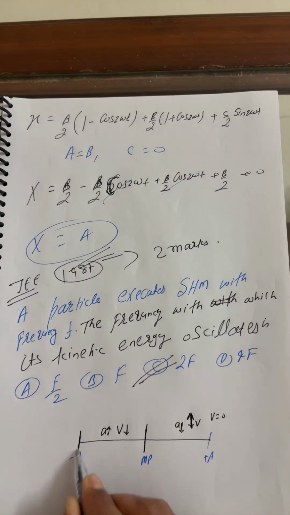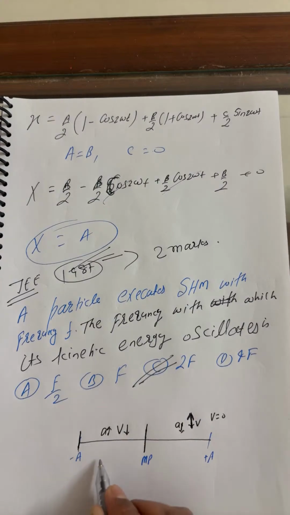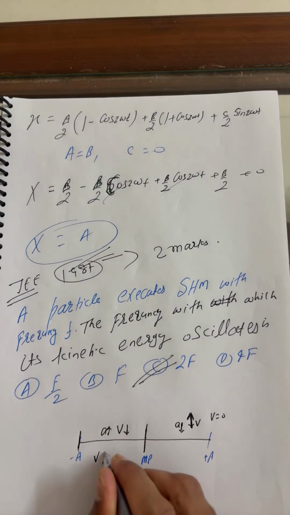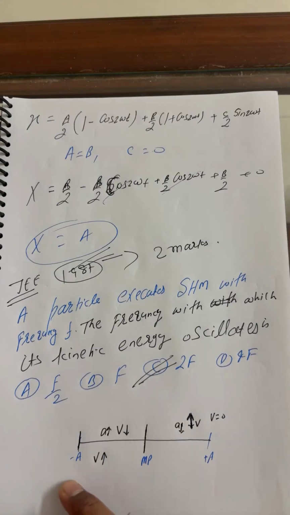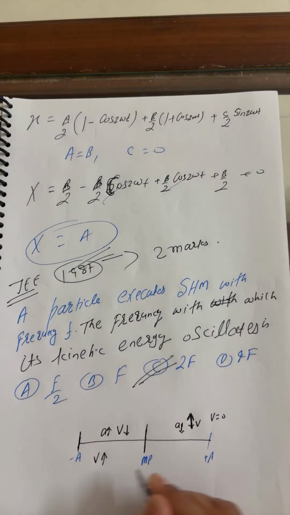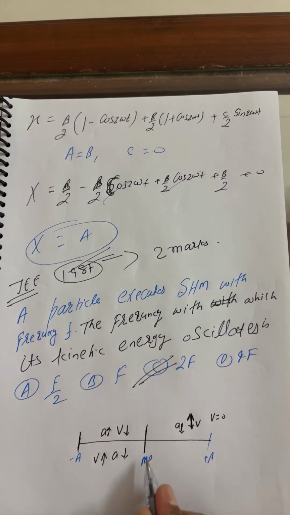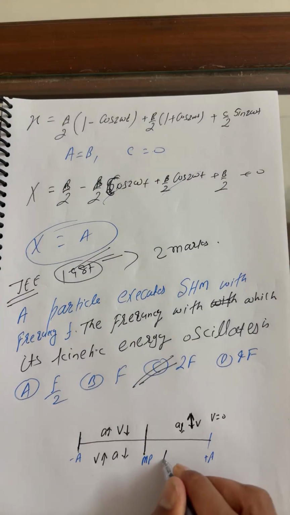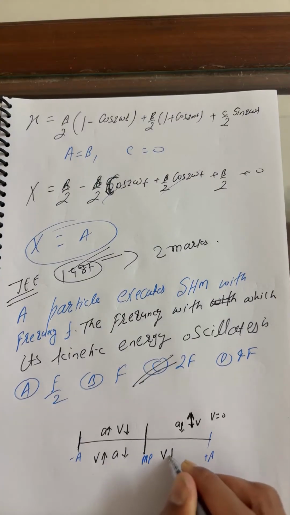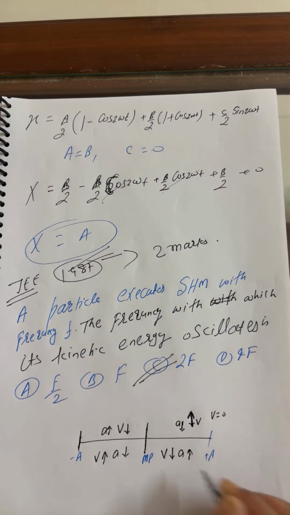If the particle comes over here and you release again, the same thing repeats: velocity increases from the left extreme to the mean position, where velocity is maximum and acceleration is minimum. Once you cross the mean position, velocity decreases and acceleration increases.